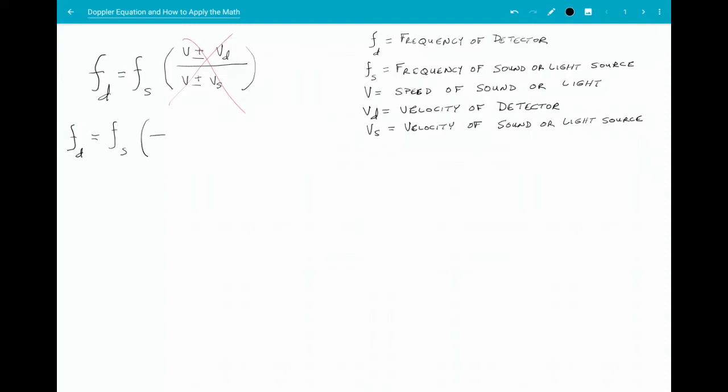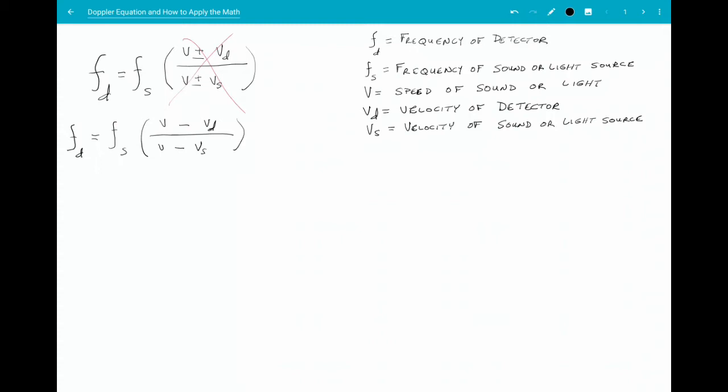I know the velocity of light or sound comes first, and then I use a minus only. And I remember v sub d over v sub s because d is before s in the alphabet. That way I can memorize the equation.